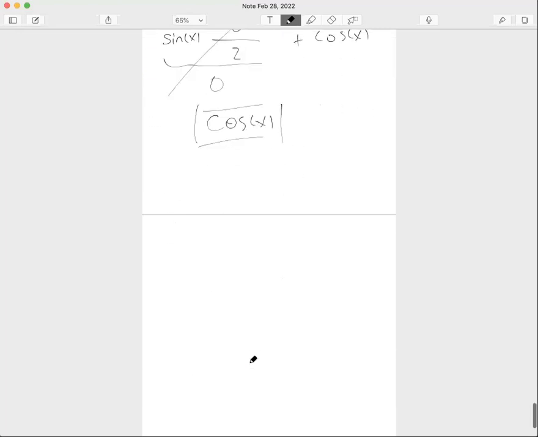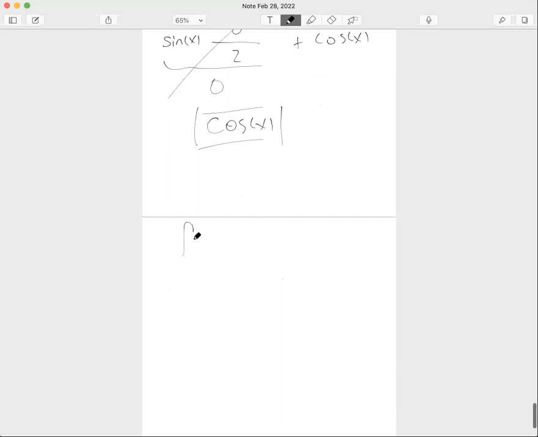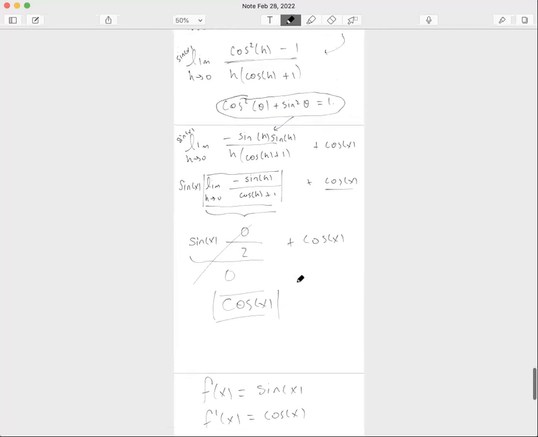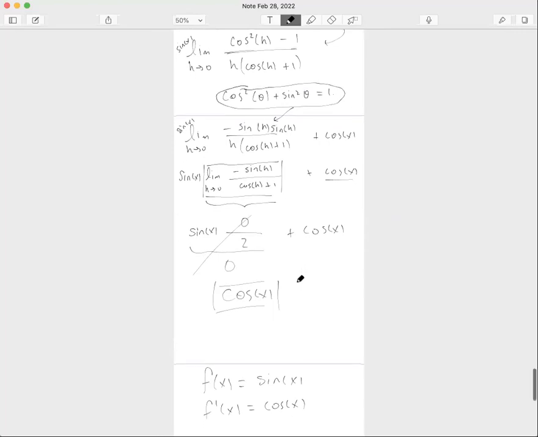It's pretty surprising. Can you go back up a little bit, please? I find this kind of surprising, that sine and cosine are so nice that the derivative of sine is actually cosine.